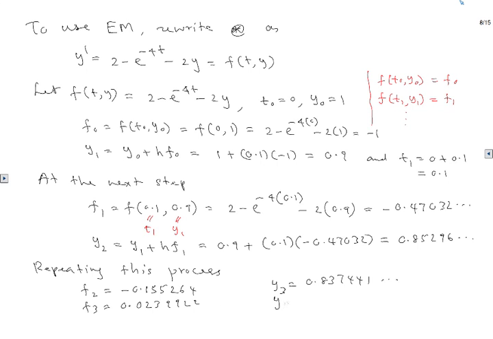You're going to get the y4 value as 0.839833, and then f4, which is 0.118335, so the y5 equals 0.851677. Okay, so that's the value you are looking for, the fifth approximation.